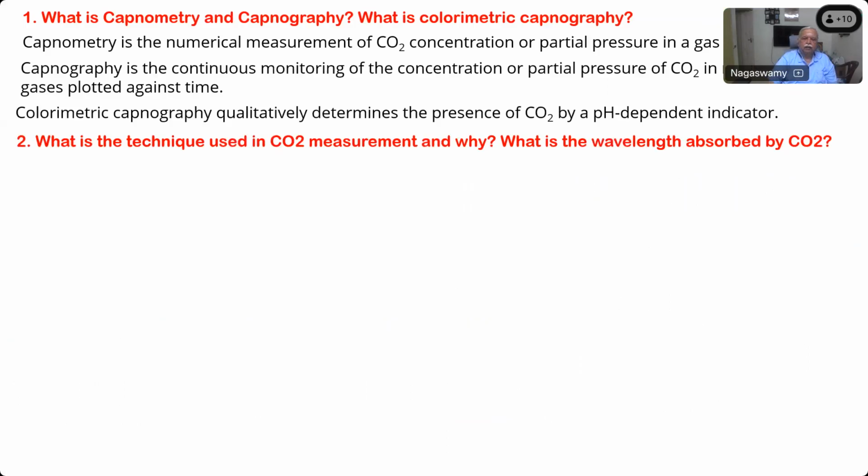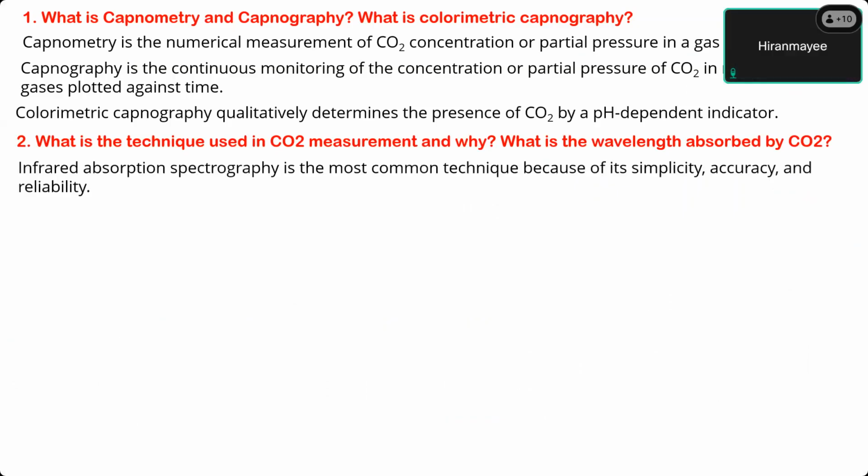What is the technique used in carbon dioxide measurement and why? What is the wavelength of absorption? Wavelength is 4.27 micrometers. What is the technique called? Any technique? Pulse oximetry or spectroscopy?